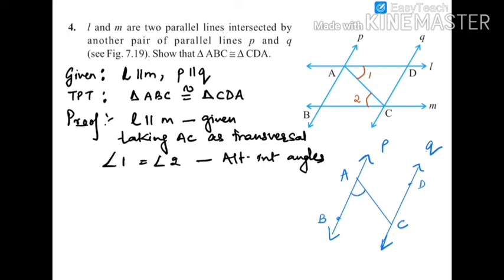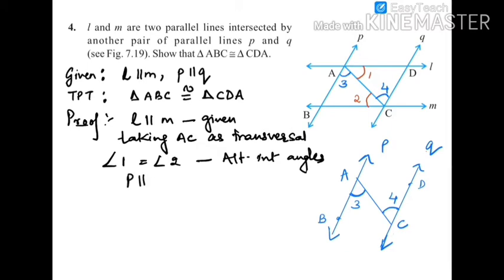Angle BAC is on one side of the transversal and angle ACD is on the other side of the transversal, and they are in the interior of the two parallel lines. Therefore, they are equal. Let's mark them as angle 3 and angle 4. So this angle in the figure is 3 and this is 4.